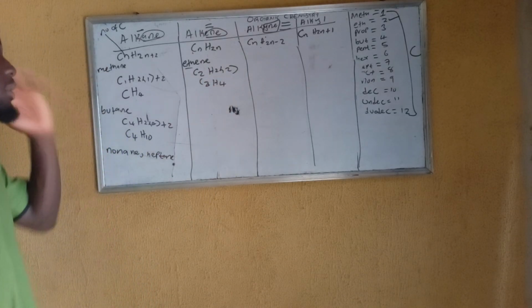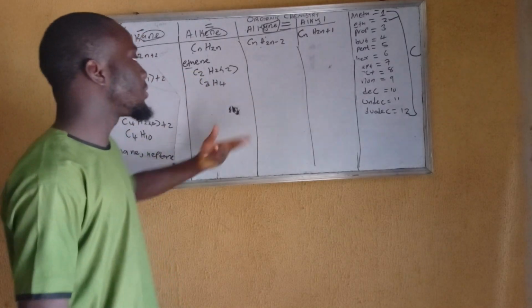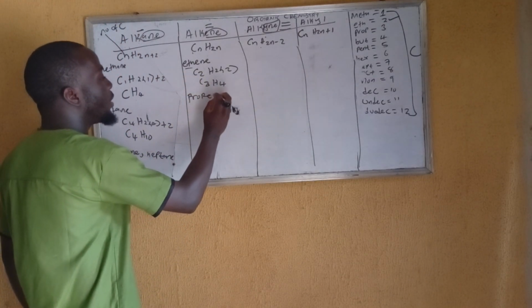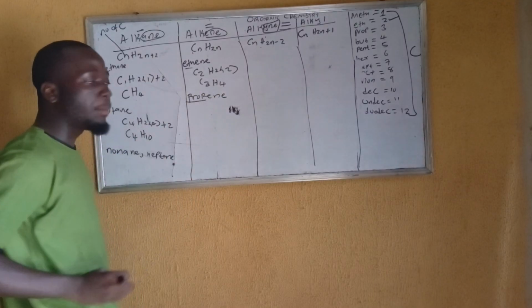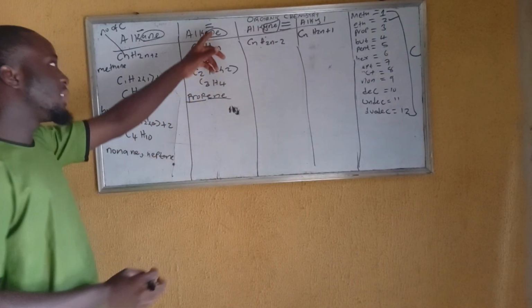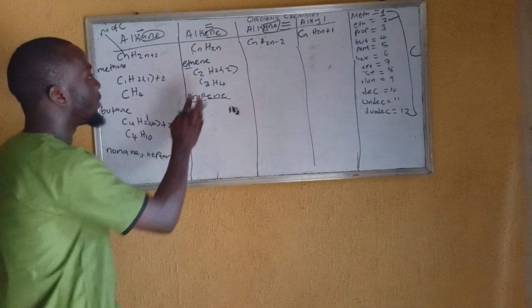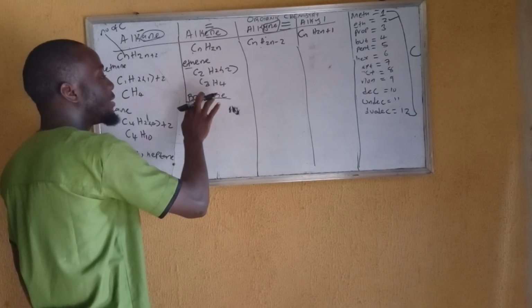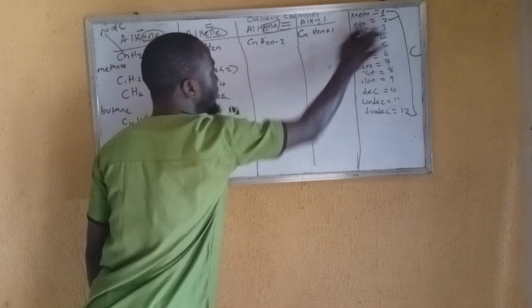As simple as that. Now assuming you are asked to find propene. Prop means that it contains 3 carbon. Definitely your n is 3. The ene signifies that this is an alkene family. So you just say, what is the general formula? CnH2n, and n is the number of carbon. The number of carbon right here is prop, which is 3.